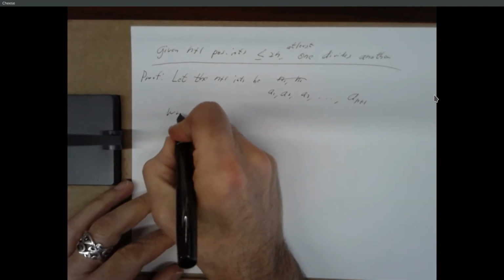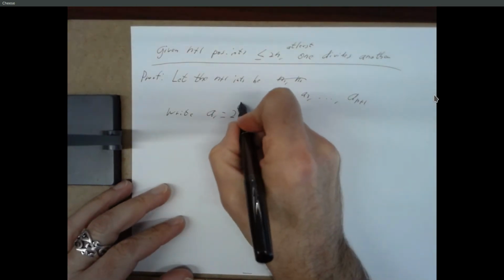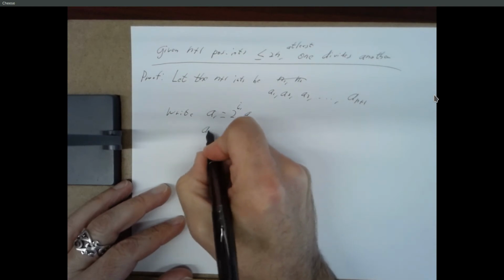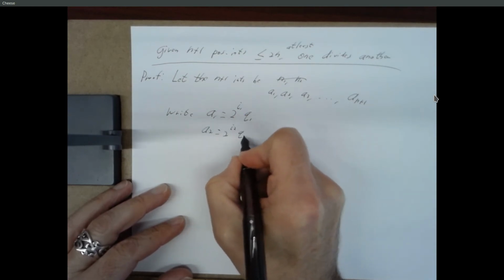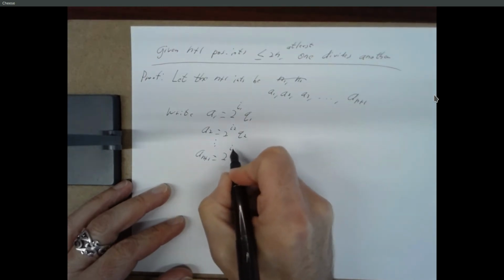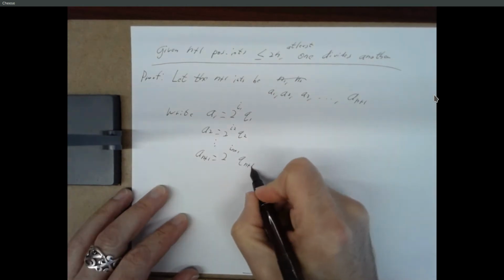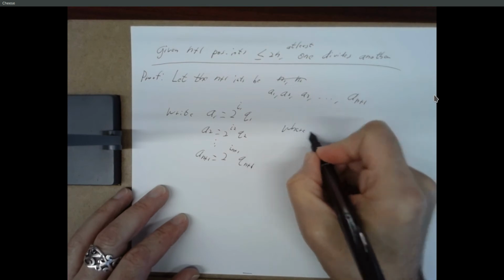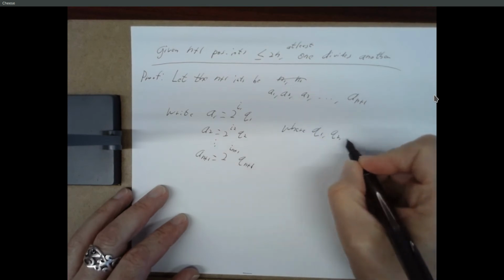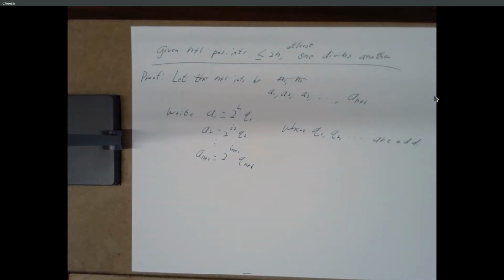Okay, write a1 as 2 to the i1 times q1. a2 is 2 to the i2 times q2, and so on. a n plus 1 is 2 to the i n plus 1 times q n plus 1, where q1, q2, and so on are odd. So we want to factor out as many powers of 2 as we can from each of these a's, and then think of a as that power of 2 times an odd number.